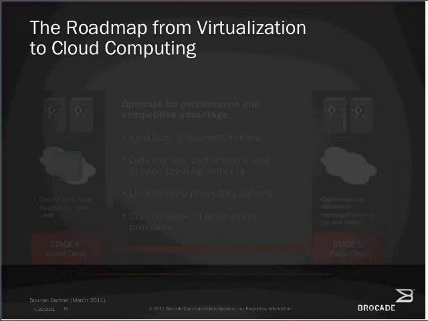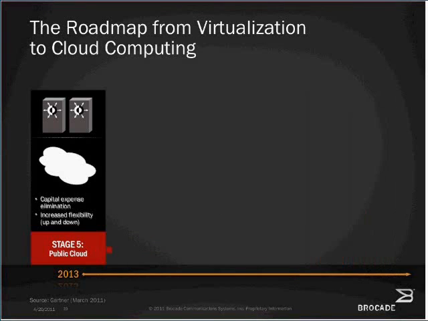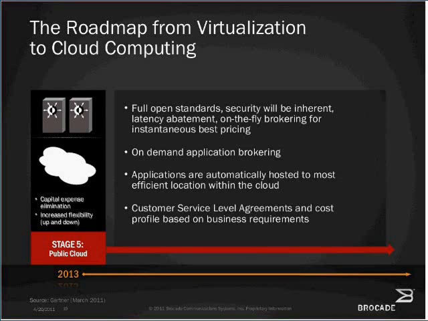And then as we move beyond the public cloud, and really look at leveraging the full advantages of public cloud, a whole new set of technologies, a whole new set of business models will evolve where there will start to be almost a monetary unit for public cloud services, and then you'll start to be able to broker from cloud provider to cloud provider as to which provider you want to use to host a given application or workload.